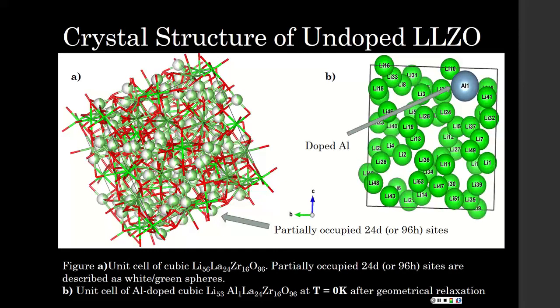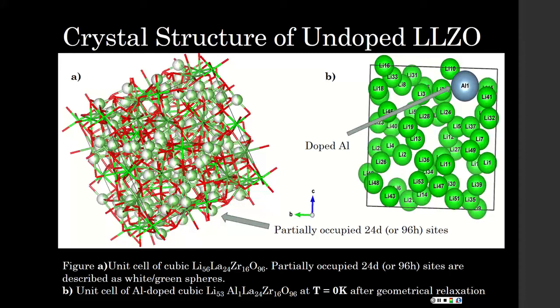And this one is the aluminum doped structure. What I have done here is I have removed 3 lithium atoms from 3 different lithium sites, and then in one site I have put 1 aluminum, so that the structure remains charge neutral.